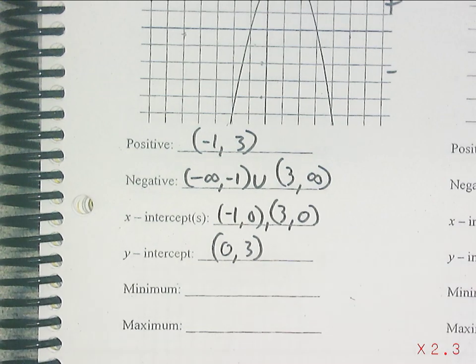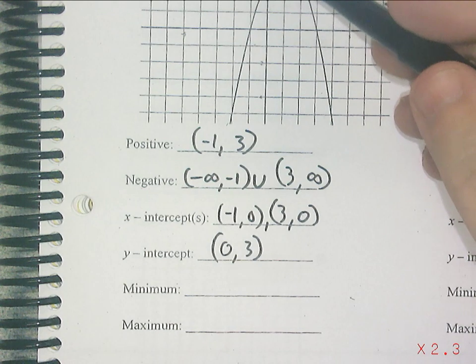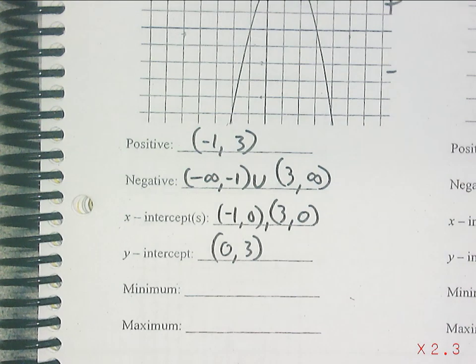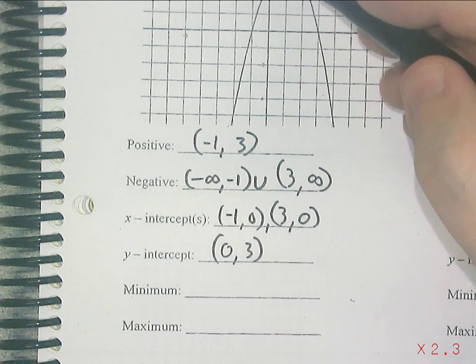And then minimum maximums. I talked about this a little bit with increasing, decreasing, how we don't use the square bracket at these points, right? Because it doesn't quite equal it. So basically what you're looking for with minimum maximums is any part in your line that is changing directions, where it is neither increasing nor decreasing.